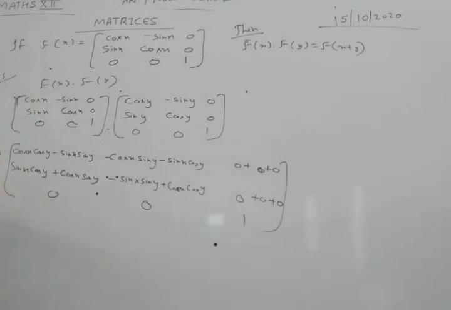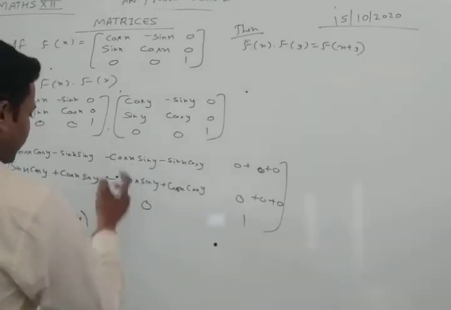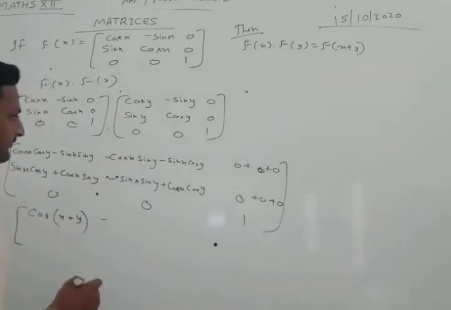Now solve it. After solving we get cos A cos B minus sin A sin B. This is the formula of cos(A plus B). Now take the negative sign outside. What we get?